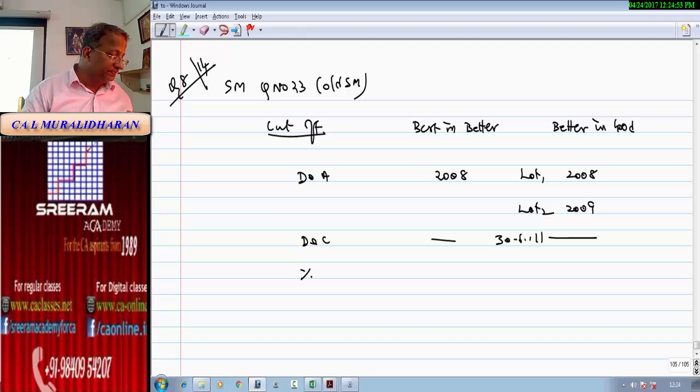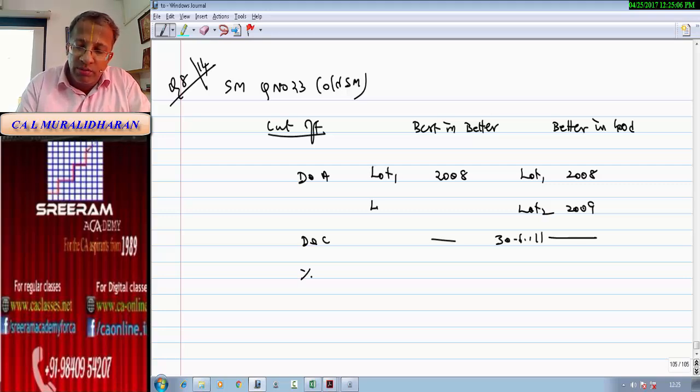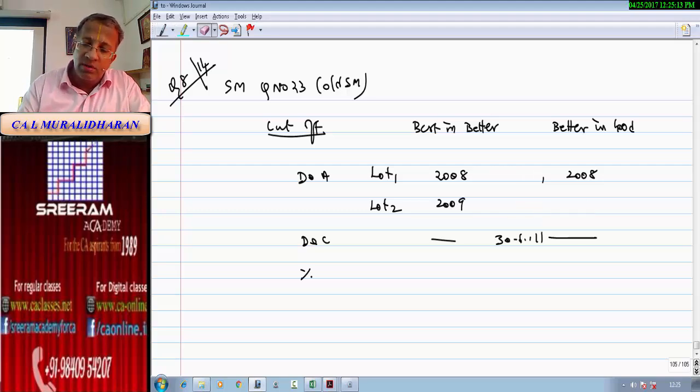Percentage of holding, say actually say lot number 1, lot number 2 only in best and better. In this case only one acquisition only, correct?